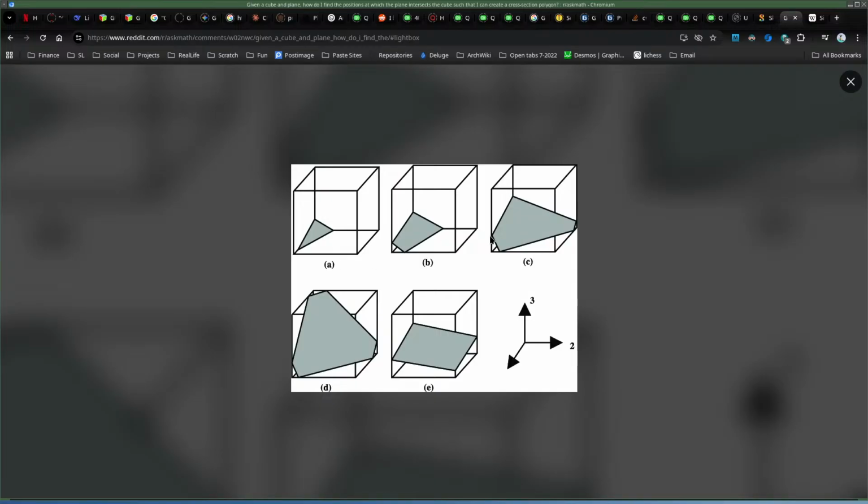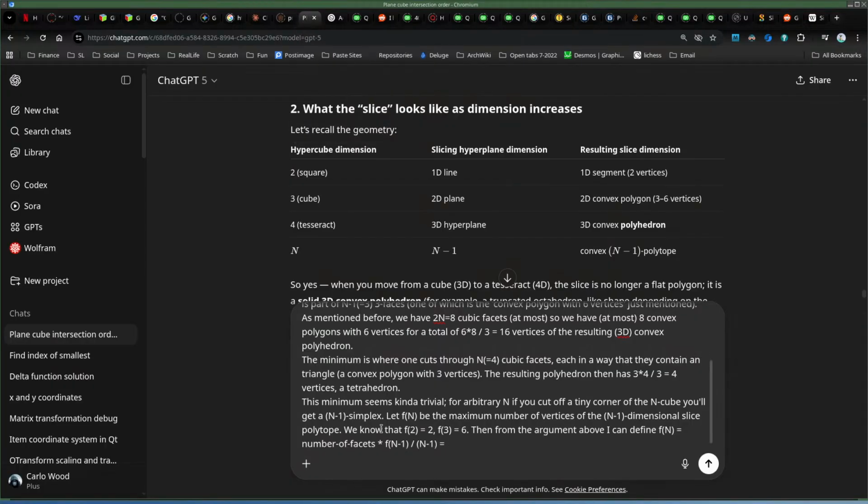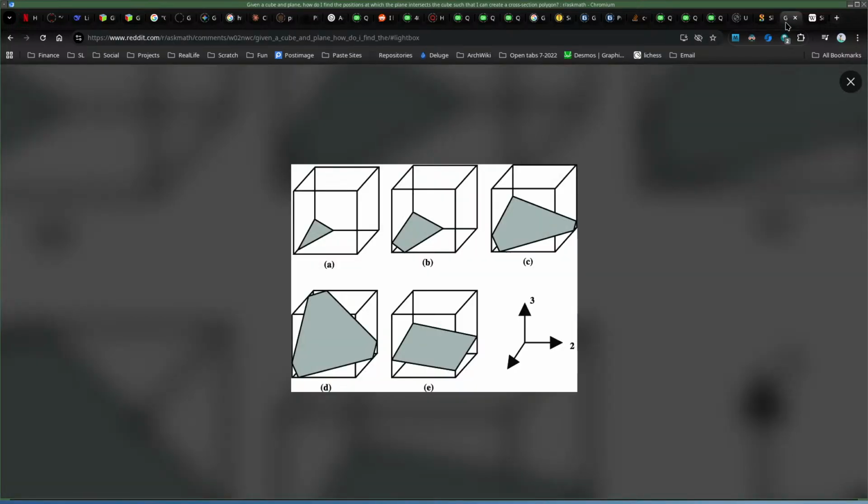There's 1, 2 vertices on one facet. And then divided by n minus 1 again, which is the number of facets that make up the edge where you found that vertex. So in the three-dimensional case, that is 3 minus 1 is 2, because every vertex that you find is part of two faces. In this case, the bottom face and the front face. Which is 2 because this is in 3 dimensions.